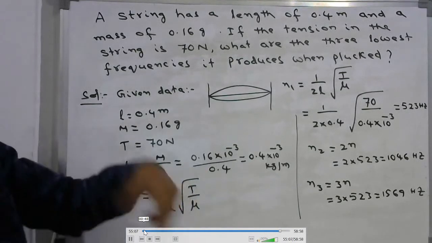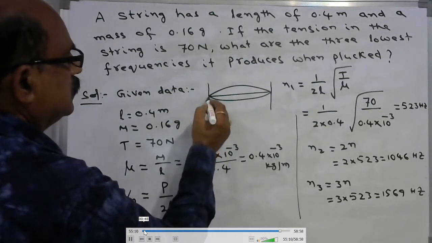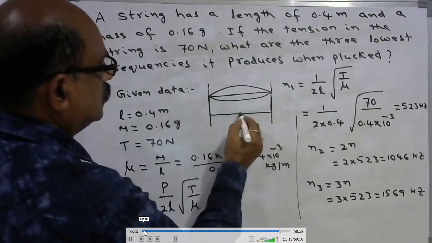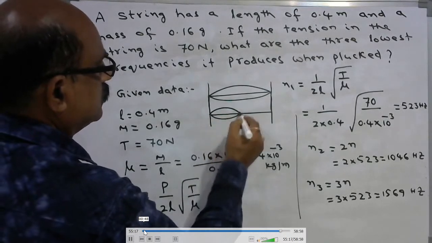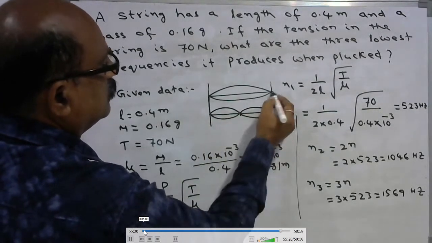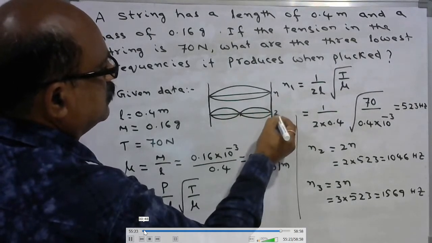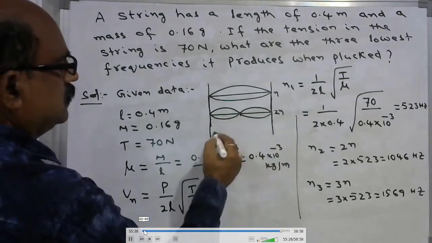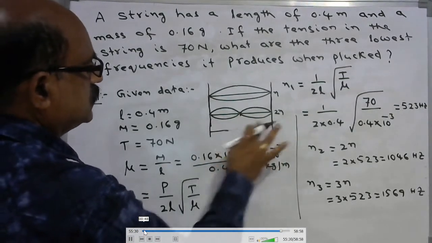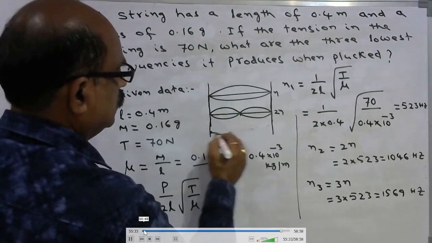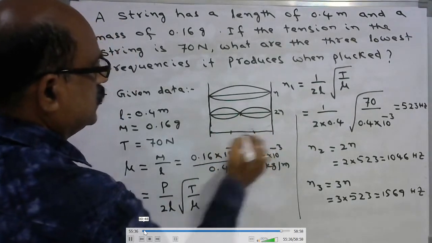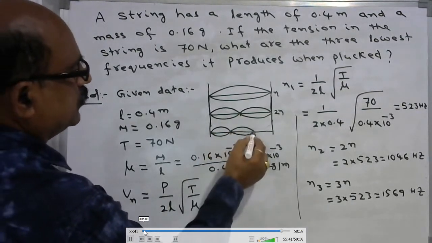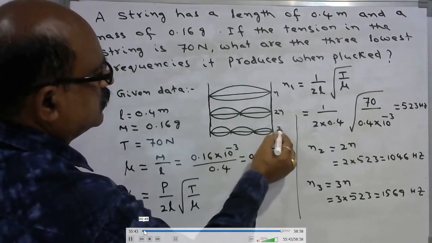And we have to find the next immediate frequency. The next immediate frequency is with 2 loops. So this is the next frequency with which it vibrates. If the frequency of this is N, this frequency is 2N. And the third one, it has to vibrate with 3 loops like this, and its frequency is 3N.